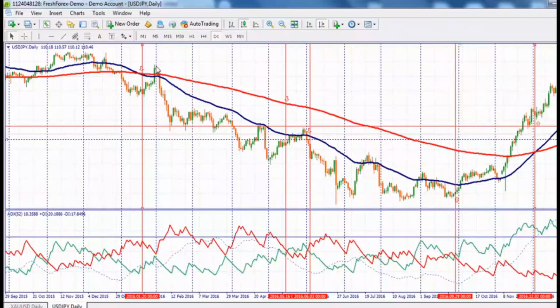So you technically could have taken a sell, could have remained on that sell up to there, could have taken again another sell up to maybe this point here, and then you could have taken another sell when there was this cross. Yeah, it's a sell, and then you could have remained on up to this point.